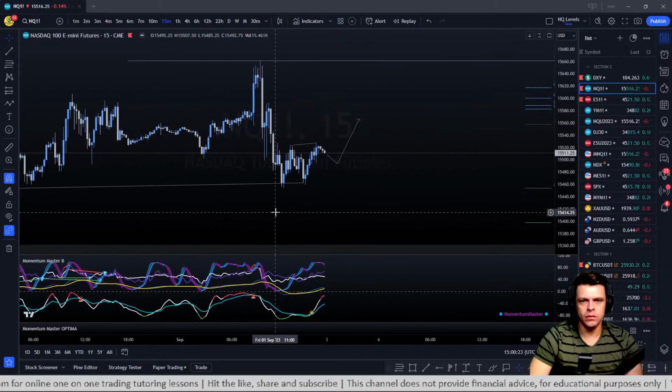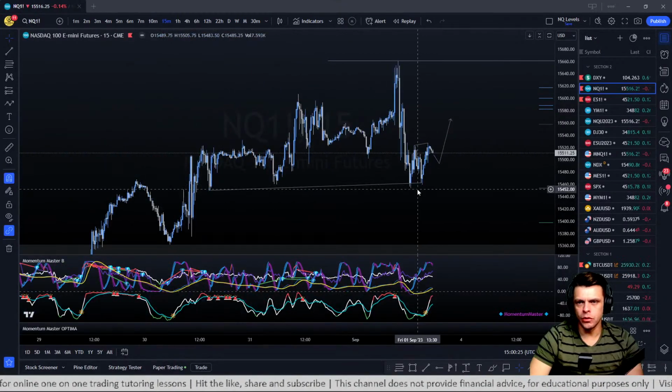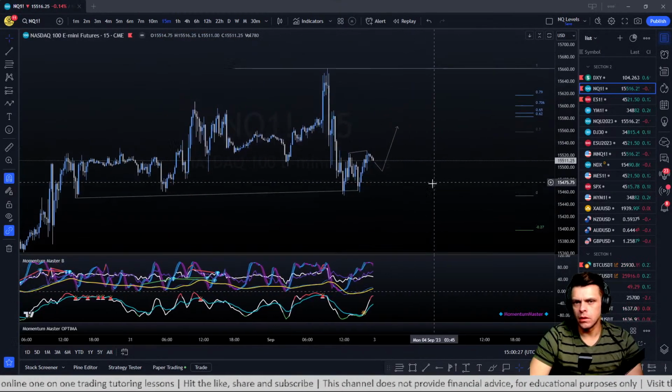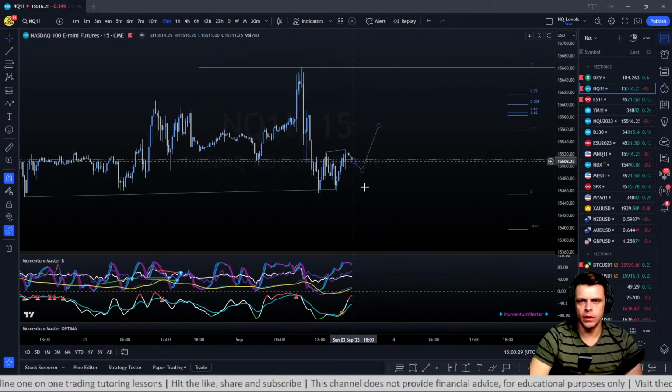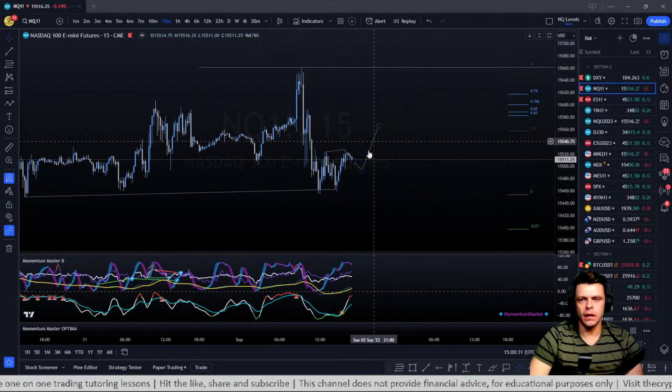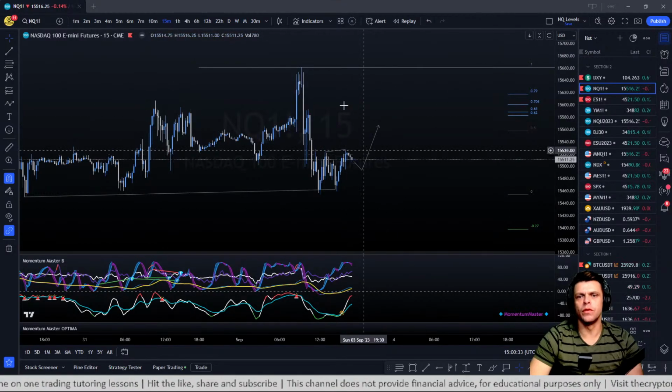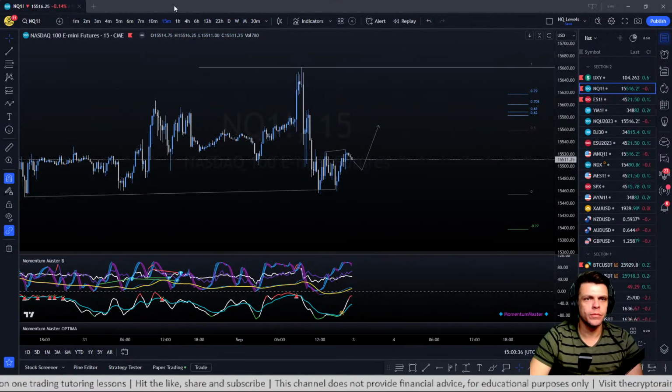I think that is a likely scenario that will play out. But there's always some sort of inducement. Then they raid the liquidity and then they move it into the actual direction.